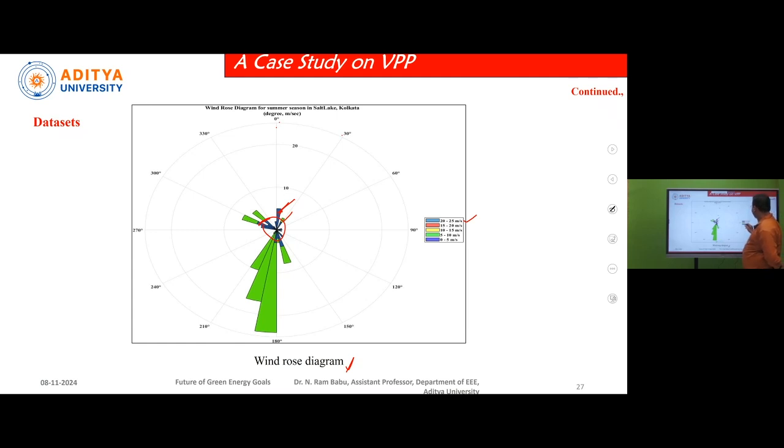After that, in the completely green color part, you will be getting a wind speed of 5 to 10 meters per second. This is the rose diagram which we are getting, showing in what direction and at what inclination the wind velocity will be. And this is taken at Salt Lake, Calcutta.